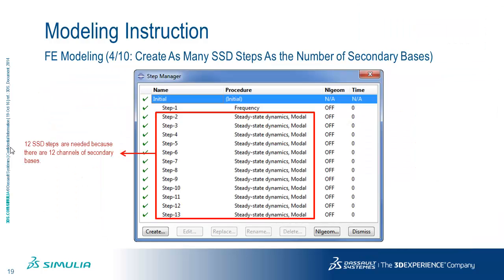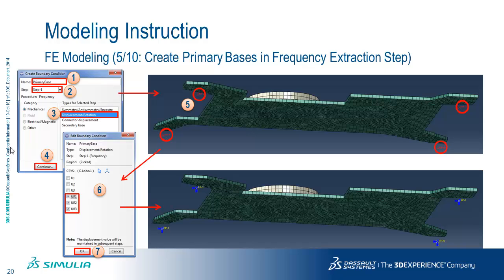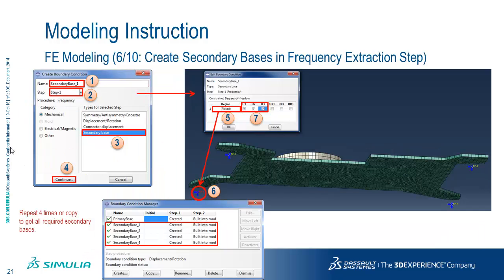And then that's the overall step definition you can see after those button clicking in Abaqus CAE. And then you can create the primary base and the secondary basis in the frequency extraction step.